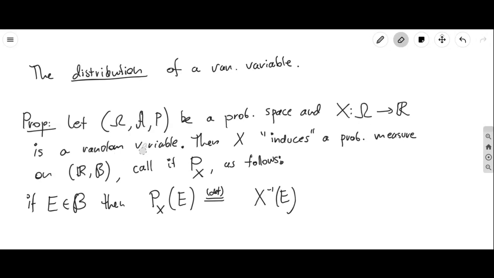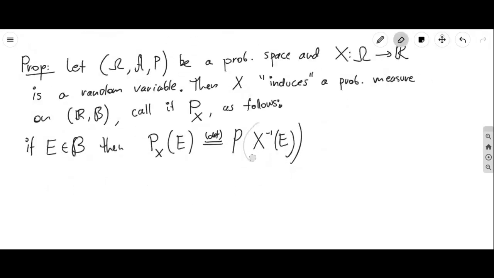Now, because we have a random variable, by definition, it pulls back sets in the Borel algebra to sets in the sigma algebra. So whatever this set is, by definition of what it means to be a random variable, it is contained in the sigma algebra. That means we're able to apply the probability measure to that. So we just apply the old probability measure to that. Okay, so that's the idea. And the proof of this is actually very simple.